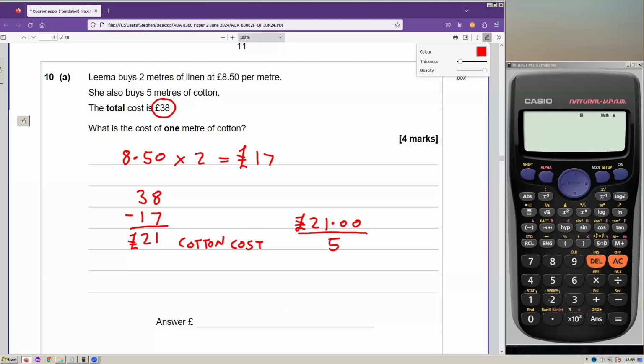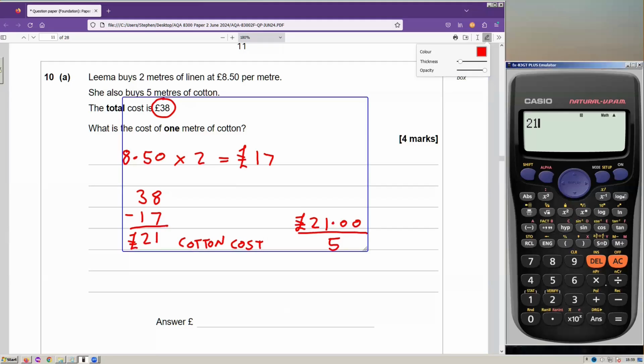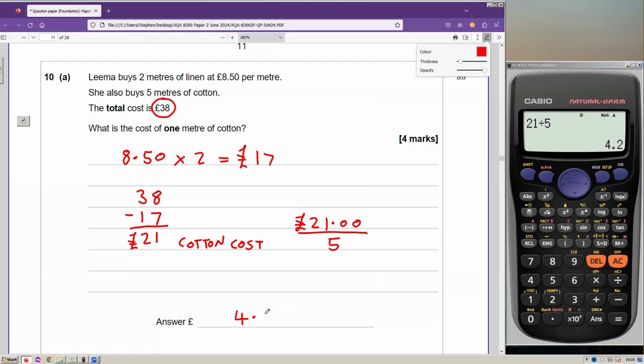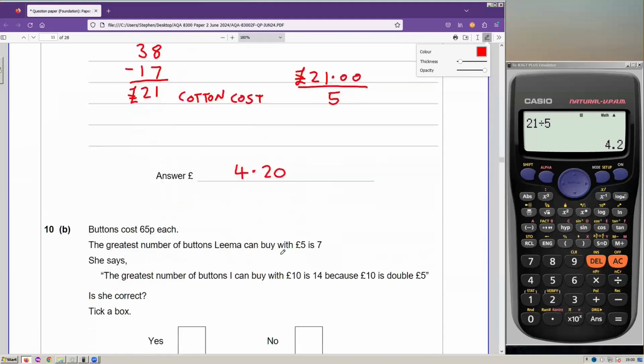Okay, I'm going to do it this way. 21 divide by 5 shows it as a fraction. £4.2. Yes, £4.20. Do show the extra 0 because it's an actual costing of money.